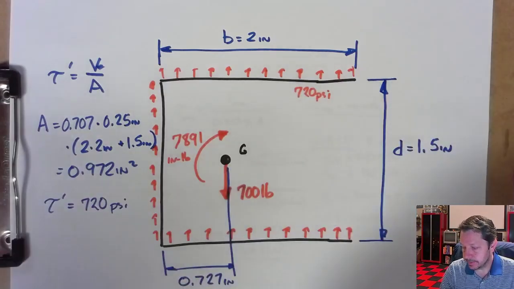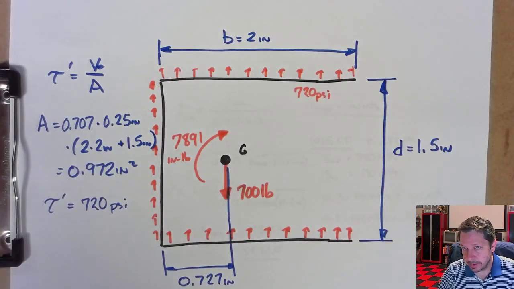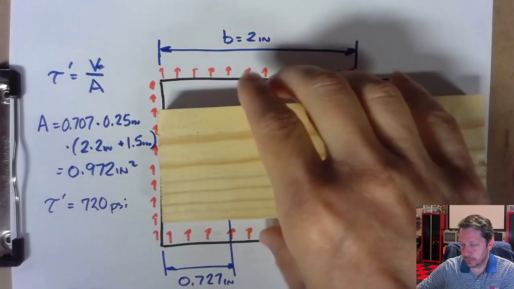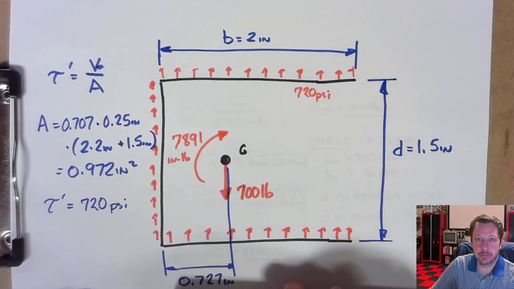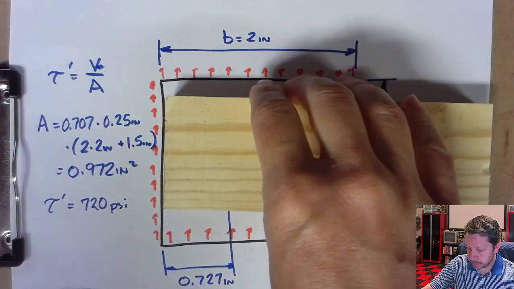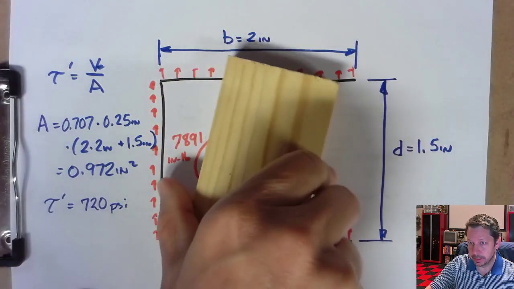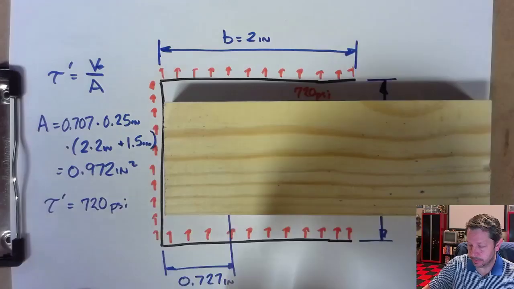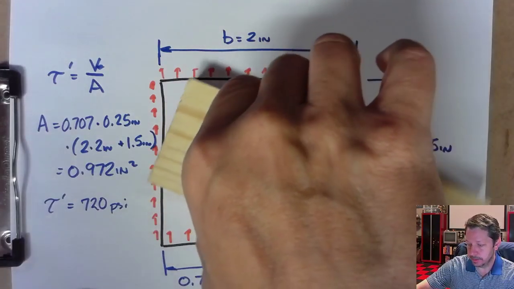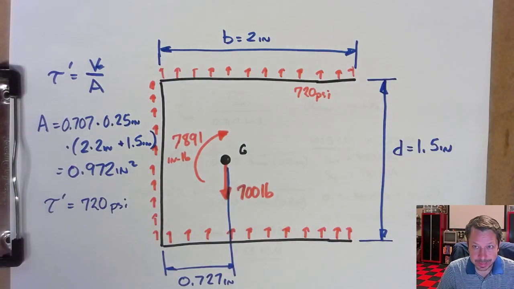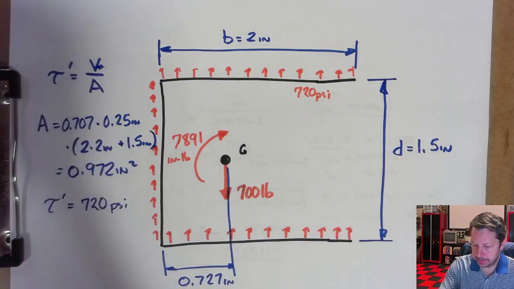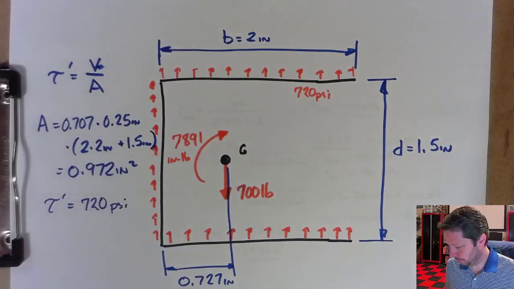So we know we at least have 720 psi, but we also have the secondary. The primary is the one keeping it from just sliding off the wall that it's welded to. The secondary keeps it from rotating. So that's the secondary shear stress, and we have this type of equation.